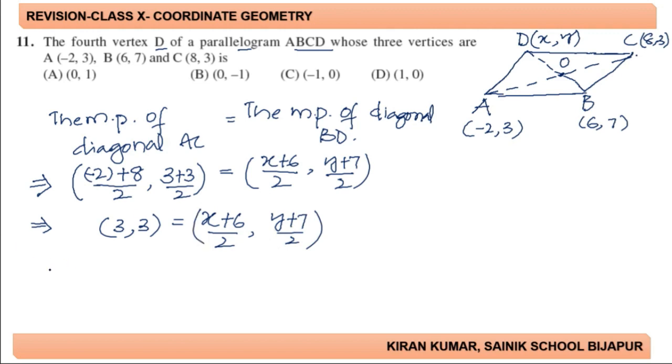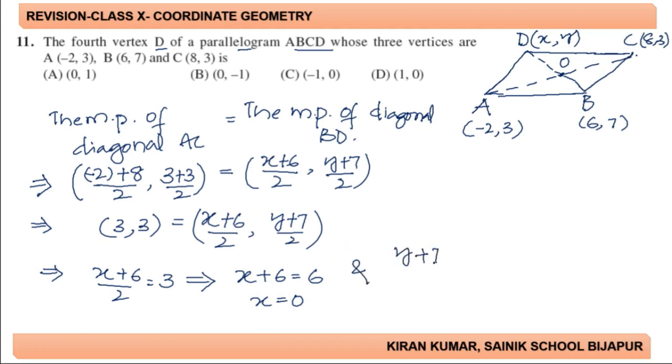On comparison, we get (x + 6)/2 as 3. This implies that x + 6 is equal to 6. X value is 0. And (y + 7)/2 equal to 3. We get the value of y as 6 minus 7.